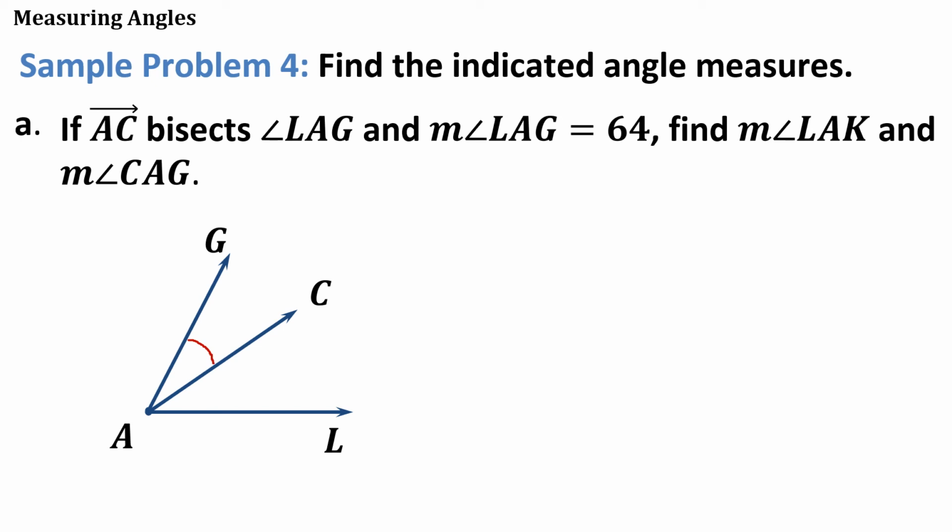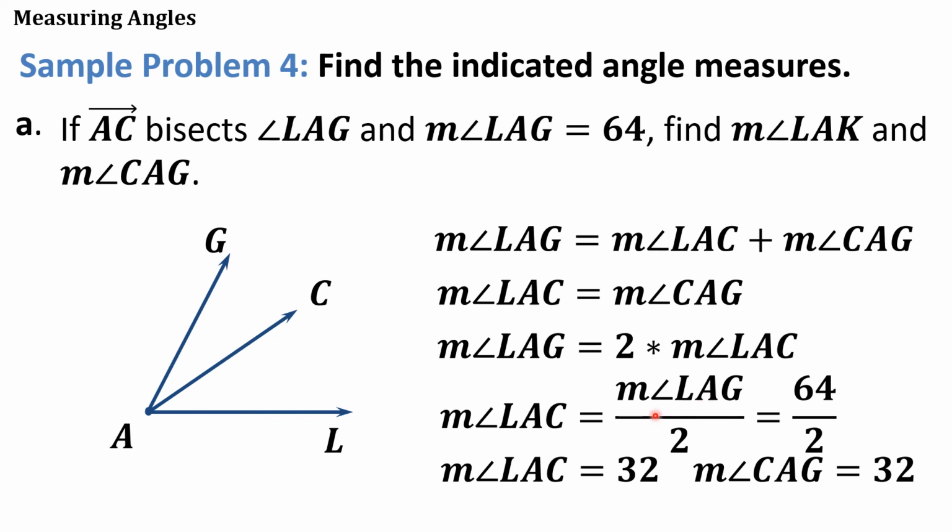I'm going to put them in two different colors, but they are going to be the same angles because it's being bisected. So it says that LAG, that means from here to here, is 64 degrees.